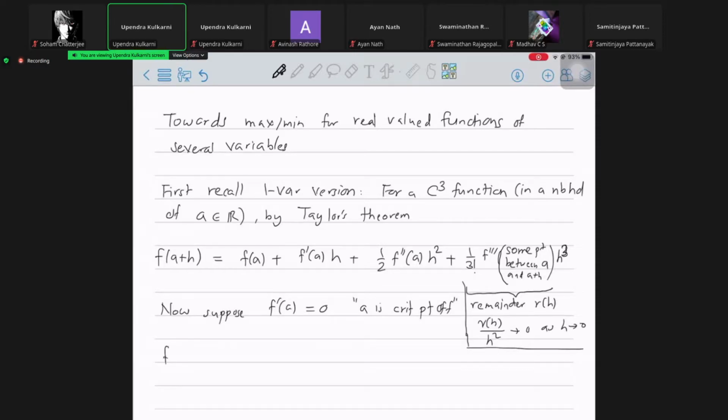Let's do a little bit of calculation. f of a plus h minus f of a, and now we divide this by h squared. This term has gone away, so I simply have 1/2 f double prime of a. The h squared has also gone away, and now I have the remainder term divided by h squared.